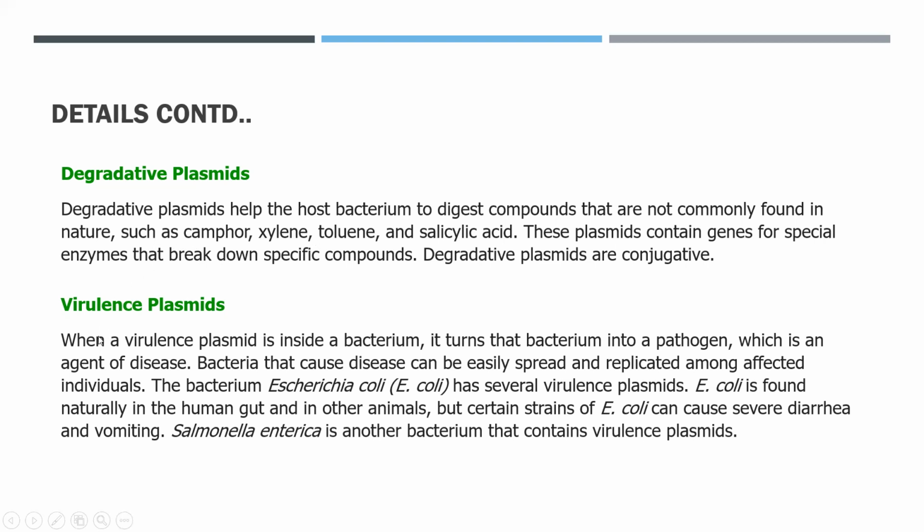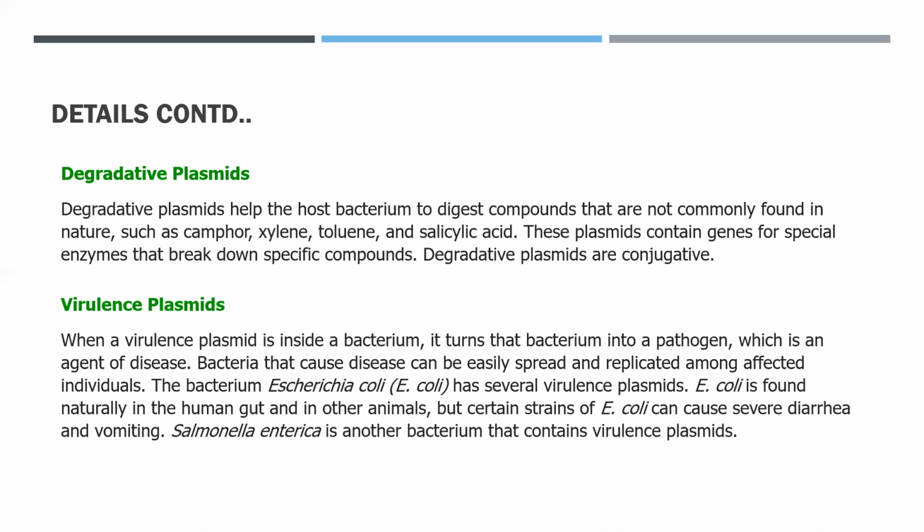Next, virulence plasmid. When a virulence plasmid is inside a bacterium, it turns the bacterium into a pathogen, which is an agent of disease. Bacteria that cause disease can be easily spread and replicated among affected individuals. The bacterium E. coli has several virulence plasmids.